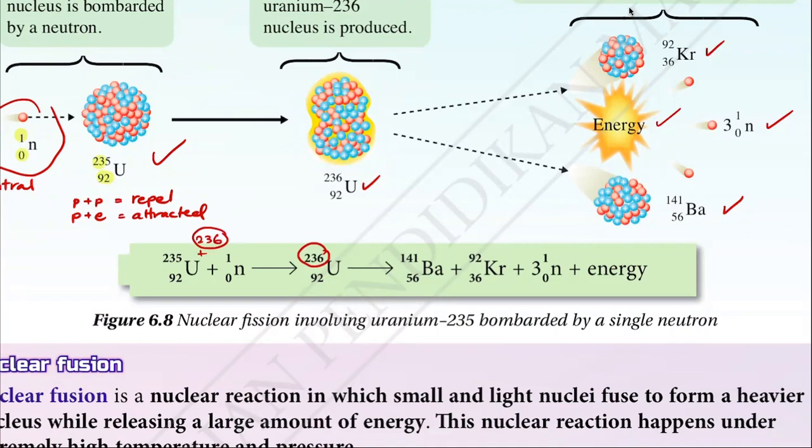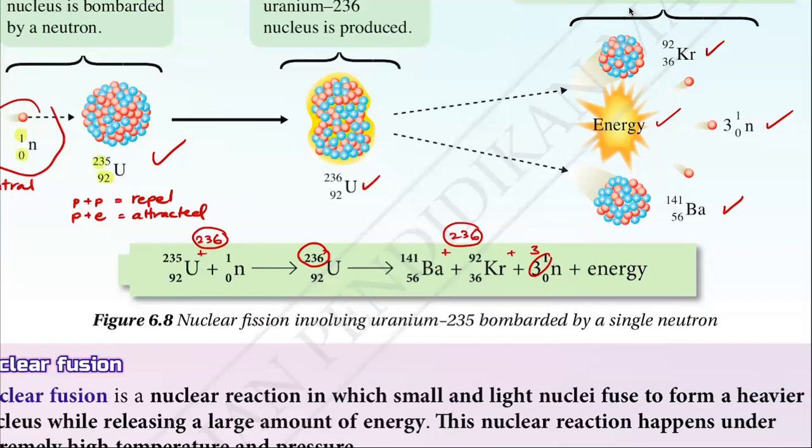And we check again on the right hand side after the arrow: 141 plus 92, plus again 3, because 3 times 1 equals 3. When you add all the numbers together, it should also equal 236. So all the numbers must be equal. It has to tally. Dia mesti tally.